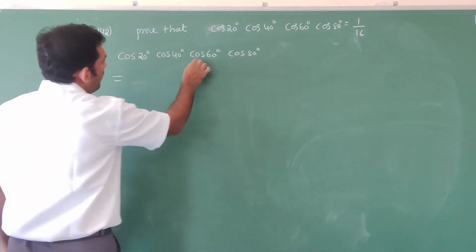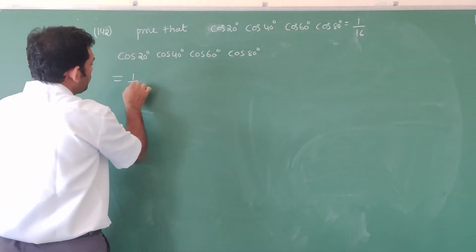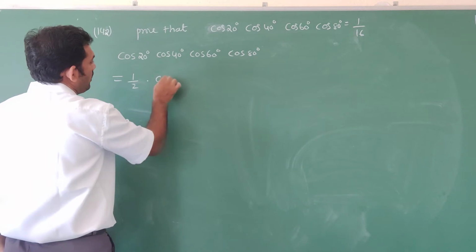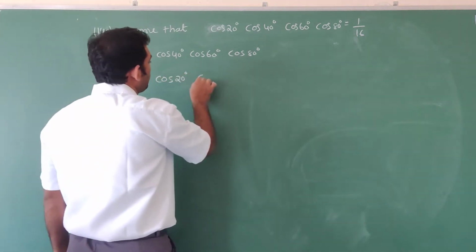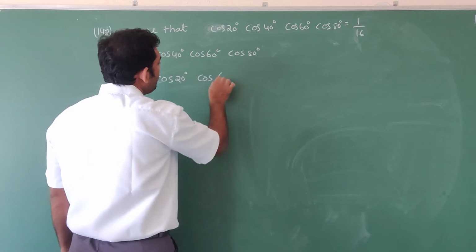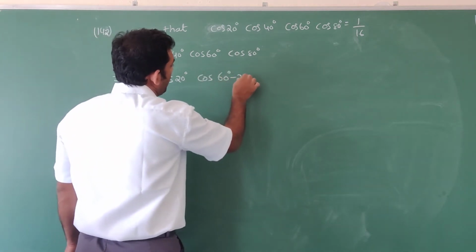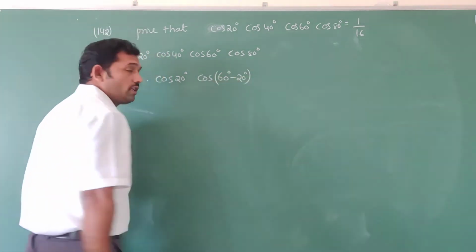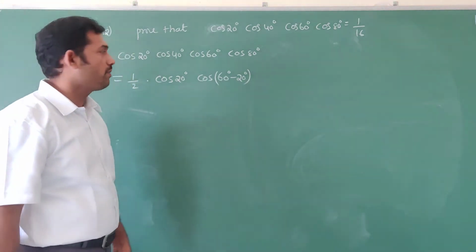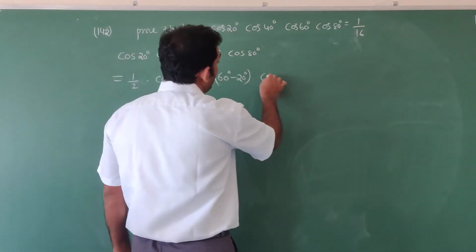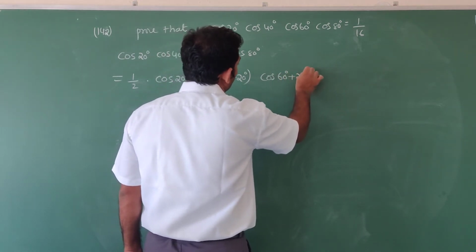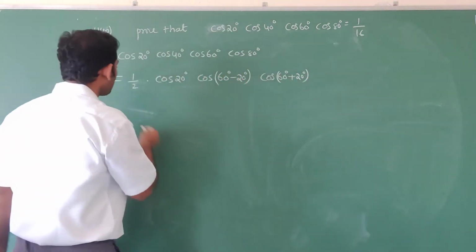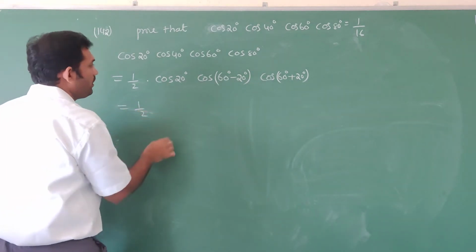Cos 60 degrees value is 1 by 2. Into cos 20 degrees, cos 40 can be written as cos(60 degrees minus 20 degrees), and cos 80 degrees can be written as cos(60 plus 20).